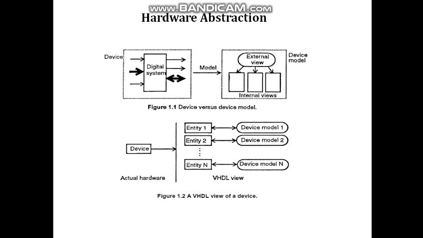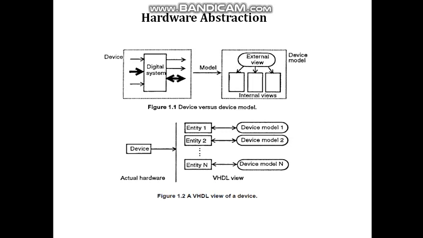The internal views specify the functionality or structure, while the external view specifies the interface of the device through which it communicates with other models in its environment. As you observe in this figure, it shows the hardware device and the corresponding software models.